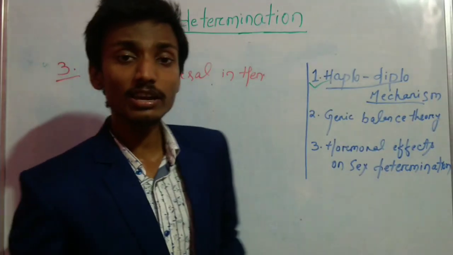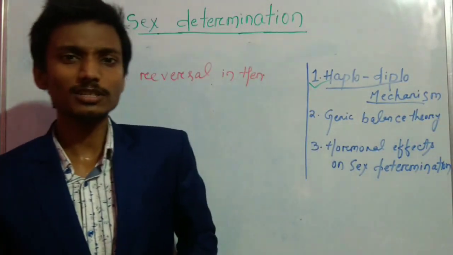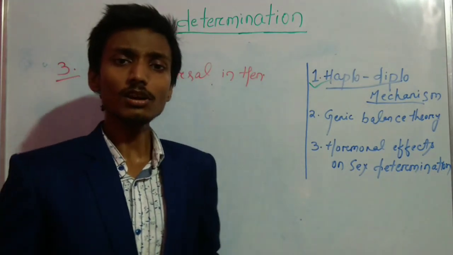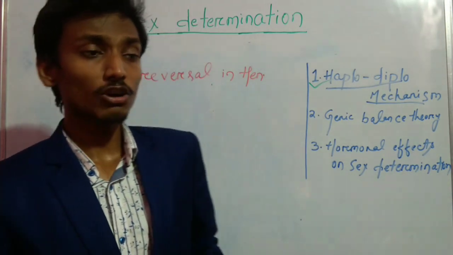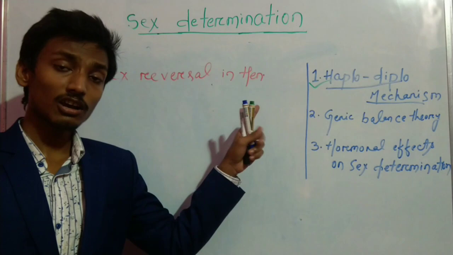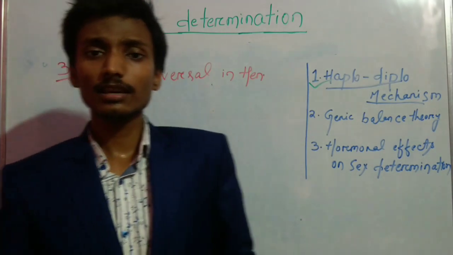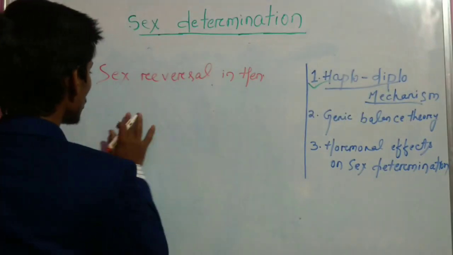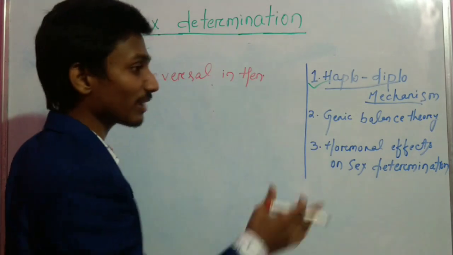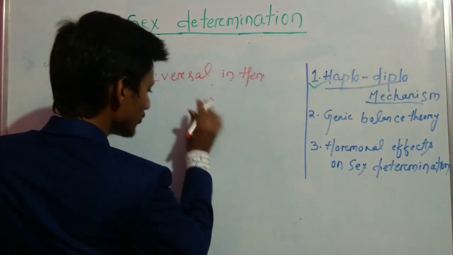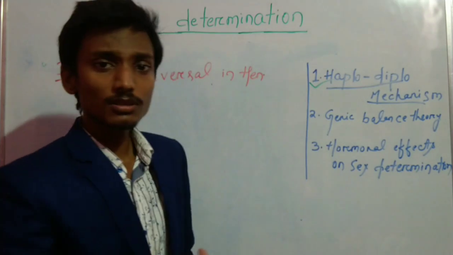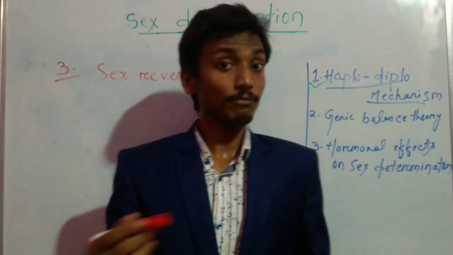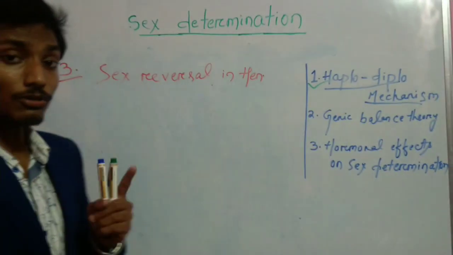Crew noticed that when a fertile hen, which is able to give eggs, gets a cancer in its ovary, she loses her ovary. Then after some days, he noticed that testes were growing in that place, or the male reproductive organs were developing in that hen. And after a few days, the hen became converted into a fertile cock, and the cock was able to fertilize and to produce offspring also.